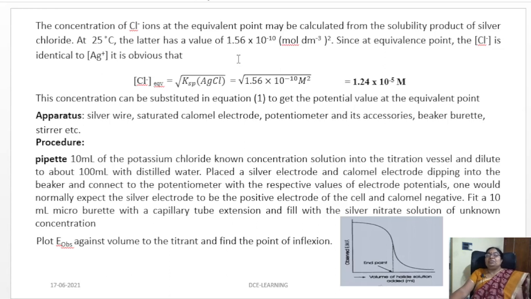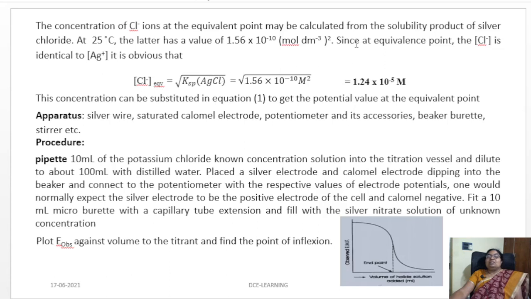We already knew about that in the previous session, how the silver electrode is used, the calculation of the EMF of the standard reference electrode, and the construction and EMF of the cell, how we calculate it for silver chloride.